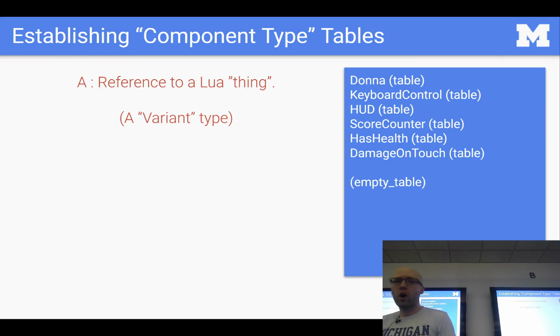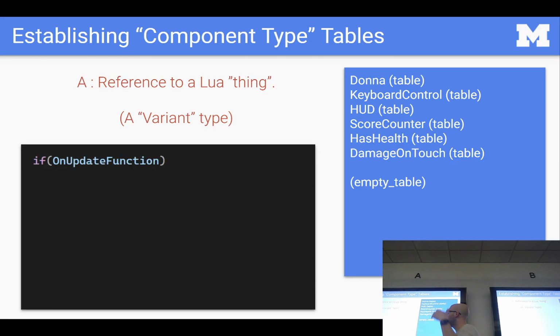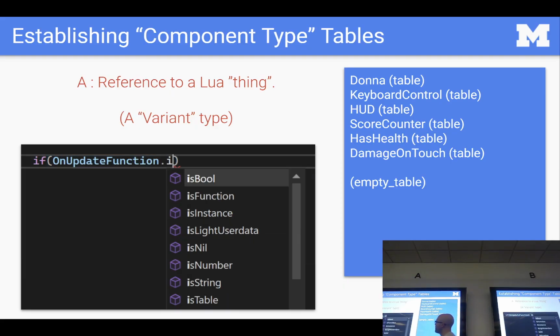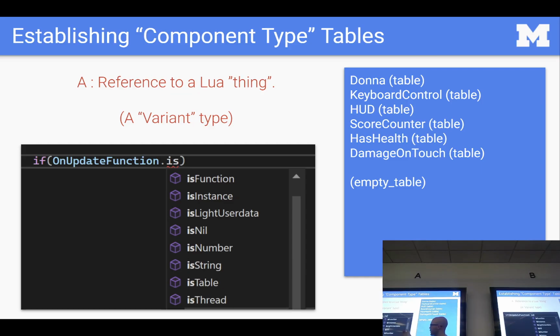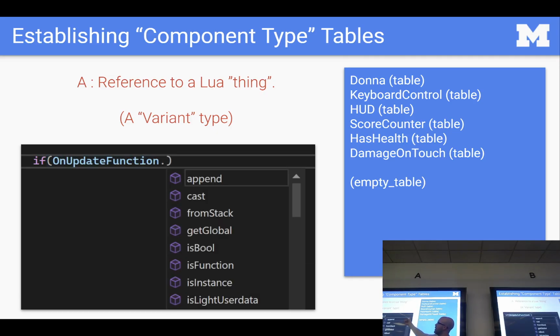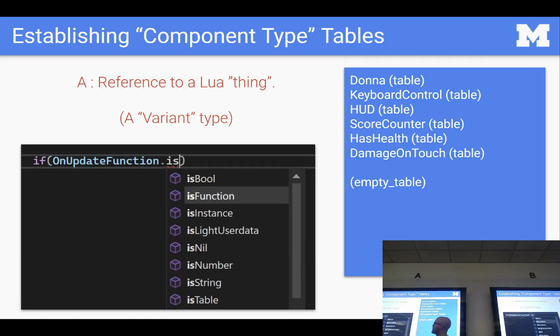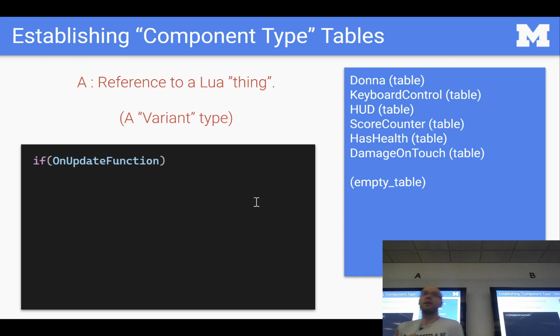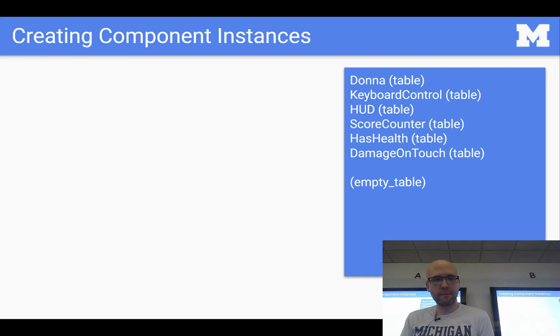You then often have functions like is Boolean, is function, is table, that can help you understand what is in that variant type, because you don't know just by looking at it. If you look at all the cool functions that the Lua-ref type has, it has a ton that are basically dedicated to helping you check what is in here, because anything could be, or nothing.